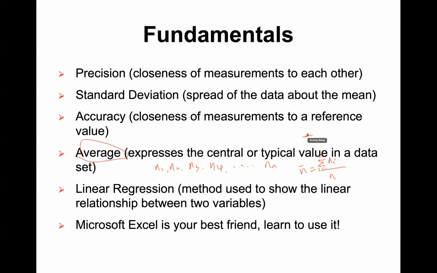So normally when we do the measurement, we will do multiple measurements and take the average. So we consider the average as a true value. In this case, it still might not be the true value because that depends on how accurate your measurement is. So this value, we will call an acceptable value.